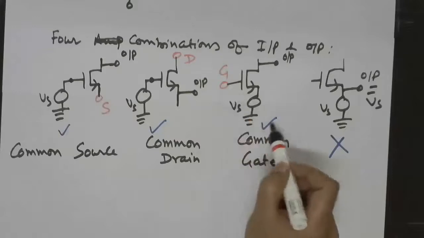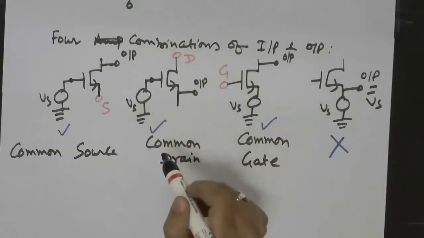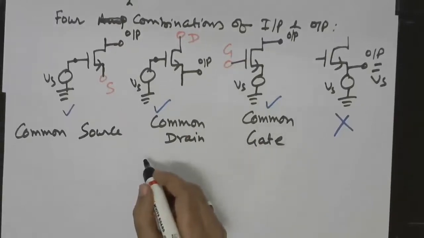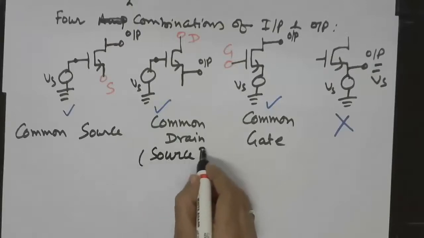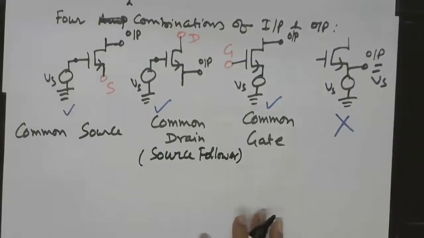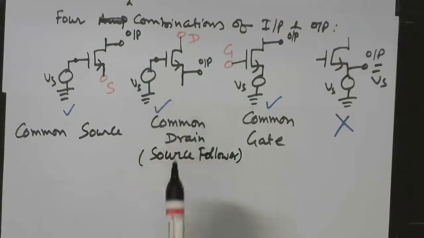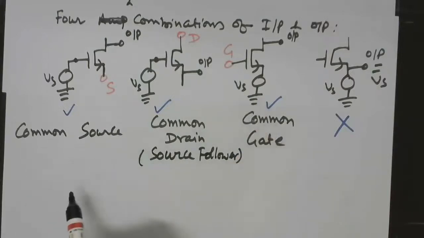And for this configuration, there is a special name also given, which we will justify when we discuss this configuration. This is called source follower also. So the most common popular name for this configuration is source follower. And this one is common source, this is common gate configuration, and this is common drain.